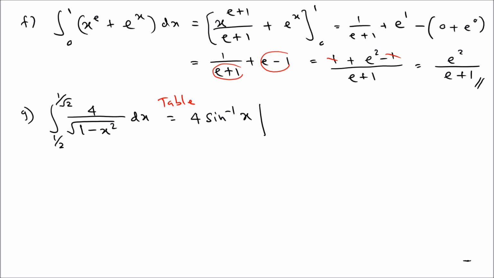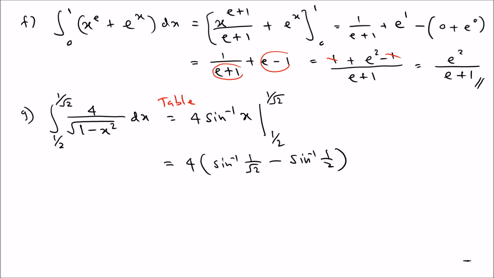And then we can evaluate at 1 over square root 2 and 1/2. So it is 4 times the quantity sine inverse 1 over square root 2 minus sine inverse 1/2.